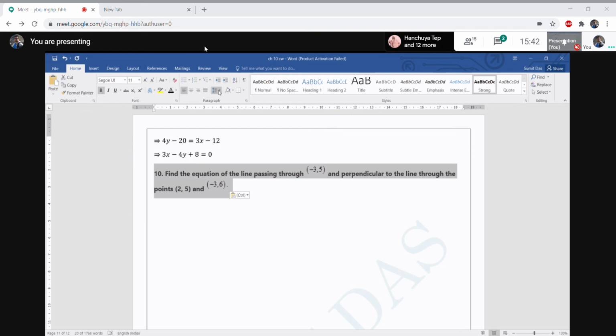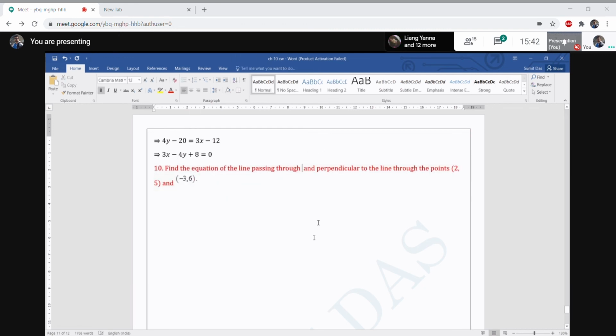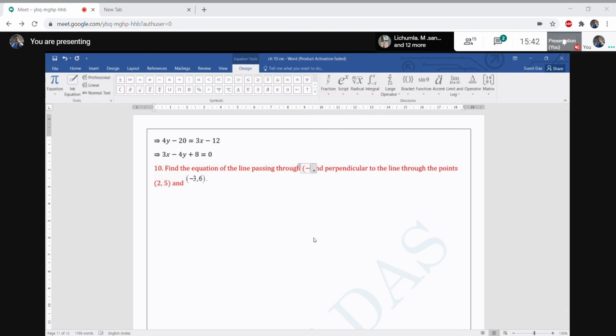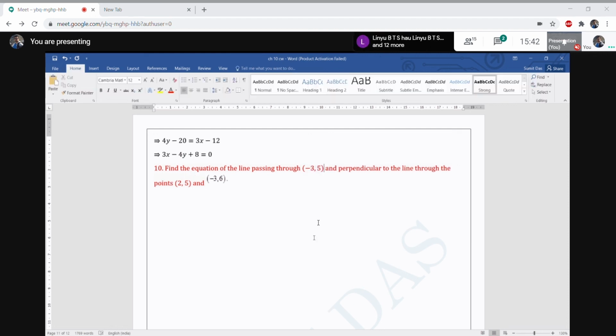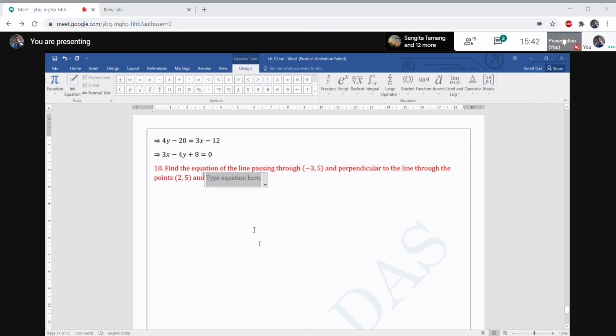Question number 10 is saying: find the equation of the line passing through minus 3 comma 5 and perpendicular to the line through the points 2 comma 5 and minus 3 comma 6.